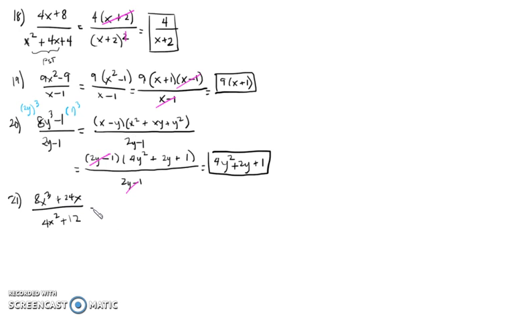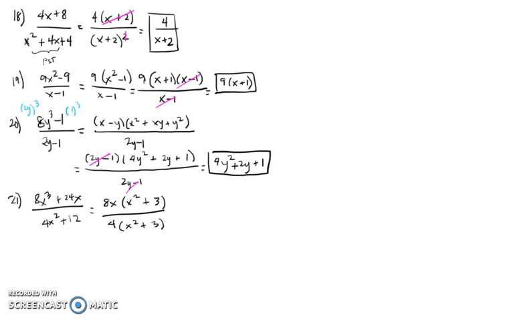So what I'm going to do is factor out the common factor, which is 8x. That gives me 8x times (x squared plus 3). Same thing in the denominator, I'm going to factor out 4, so 4 times (x squared plus 3).